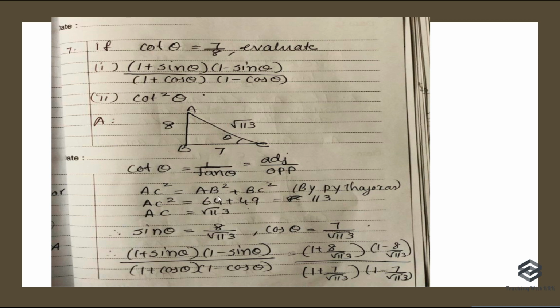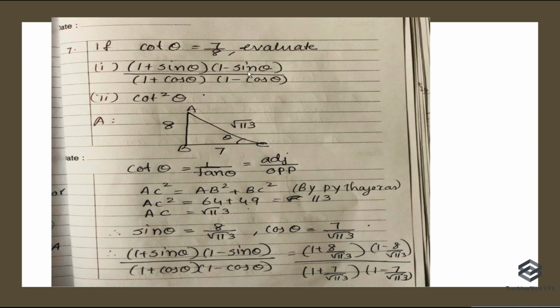To find the missing side, you use Pythagoras theorem. Therefore, AC square equal to AB square plus BC square. AC square equal to AB 8 square 64 plus BC 7 square 49. Therefore, AC square equal to 64 plus 49 equal to 113. Therefore, AC equal to square root of 113.